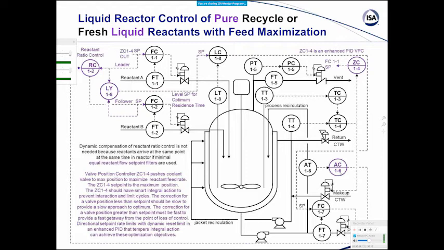There can be imbalances in the reaction ratios. If you change the production rate, one reactor flow loop can respond faster than the other, and that temporary imbalance can cause concentrations that are not right to be flowing out. You've got a continuous process, so things are always flowing out here, and you don't want that to happen.